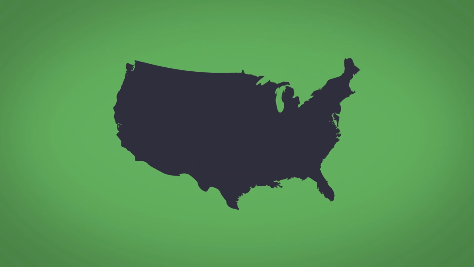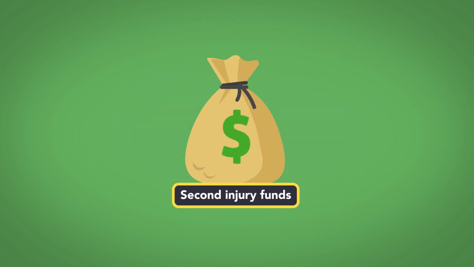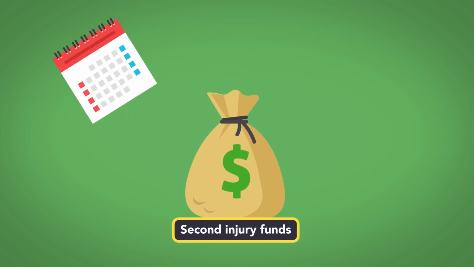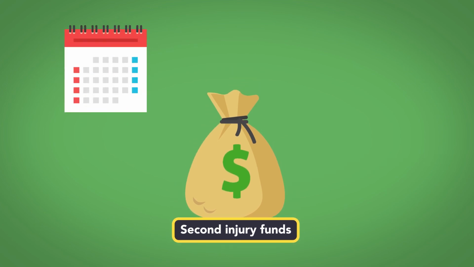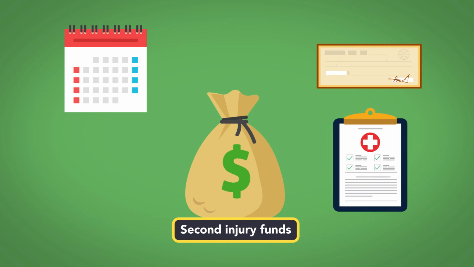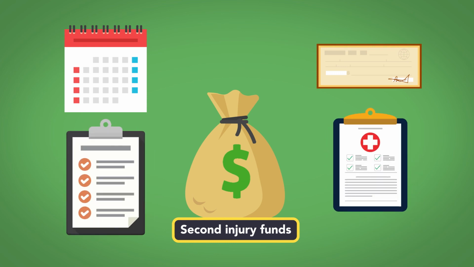There are many state-to-state variations in the administration of second injury funds, including when the funds must or simply may provide reimbursement to employers, whether there is reimbursement for wage compensation benefits alone or medical benefits as well, and what type of pre-existing conditions are covered.